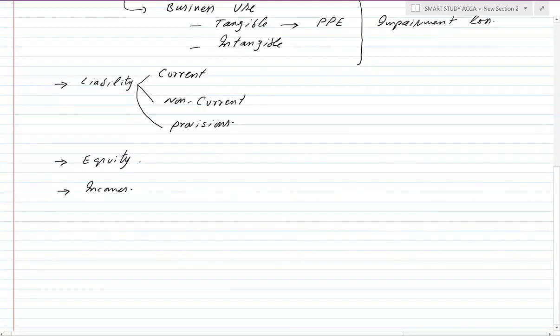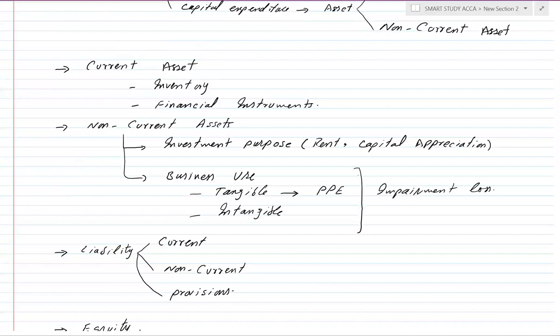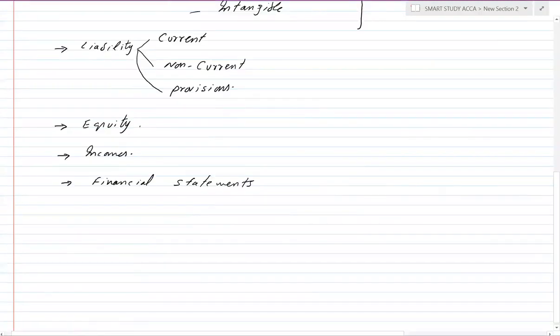And after covering all these items, we will have final accounts or final financial statements. Because these are the basic components to prepare the financial statements. So after covering expenses, assets, liabilities, incomes, and capital, we can prepare the final financial statements.